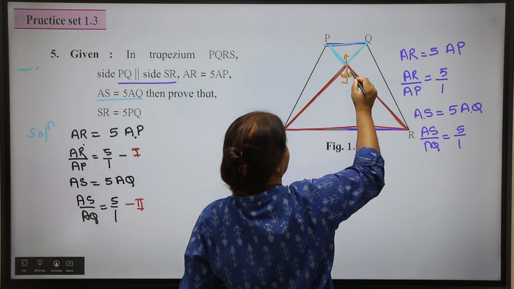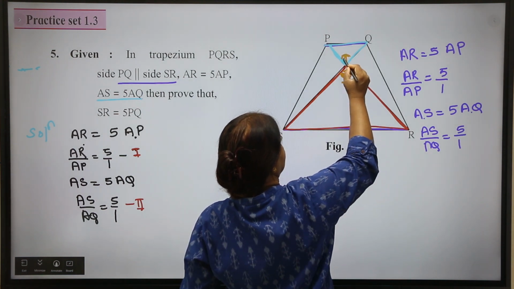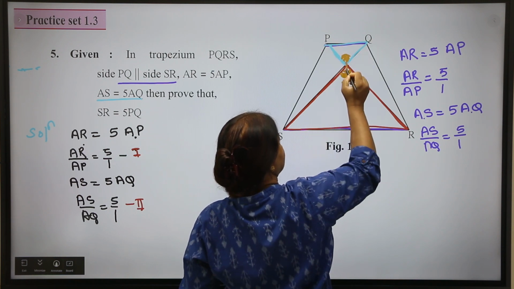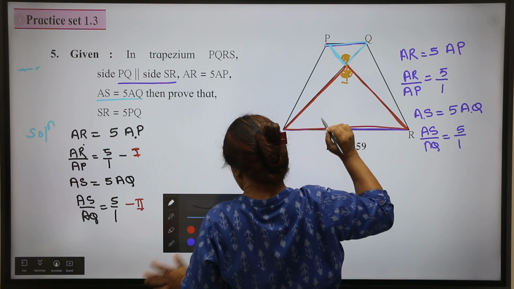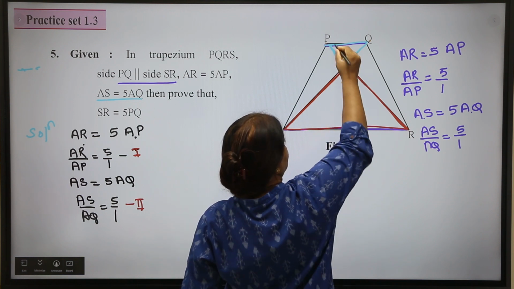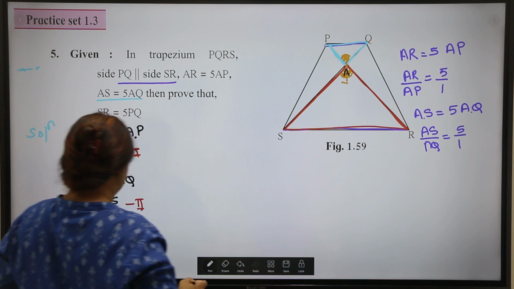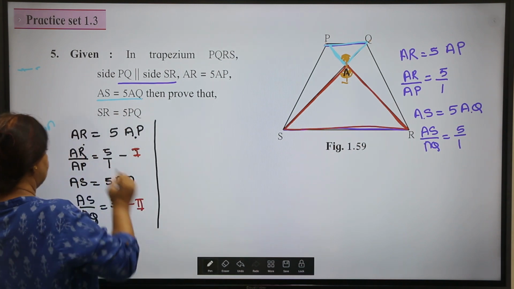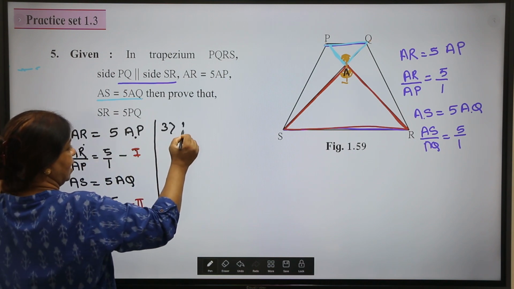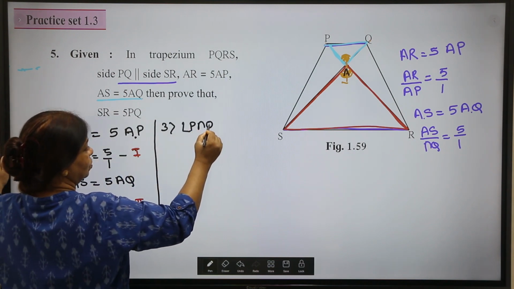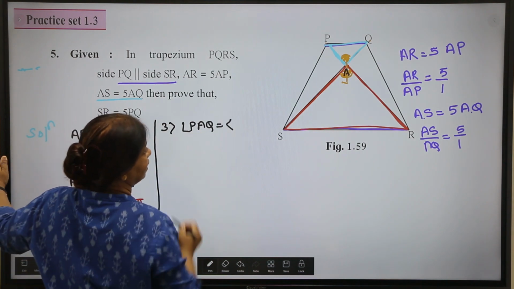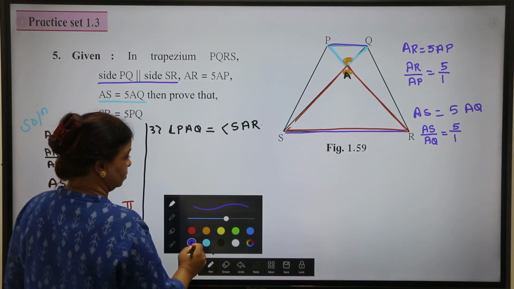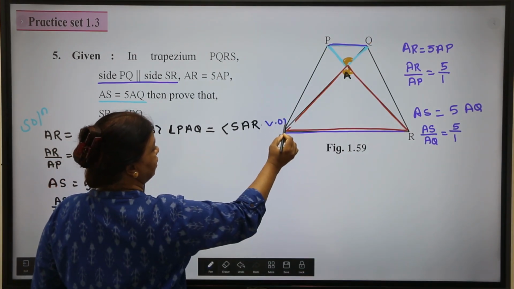So we can say that this angle is equal to this angle. So what is the name of this angle? PAQ. This is A here, children. A. So PAQ, this is third one statement. Angle PAQ is equal to angle SAR, vertically opposite angle.